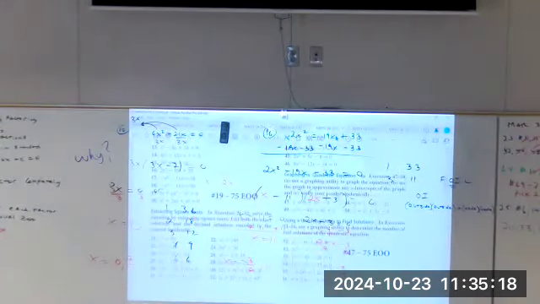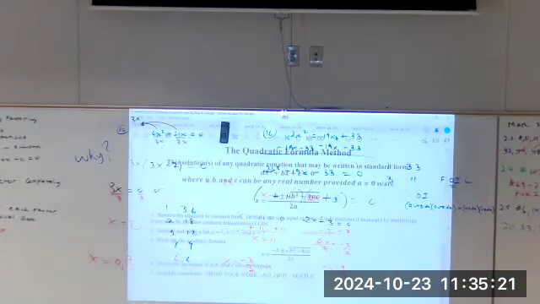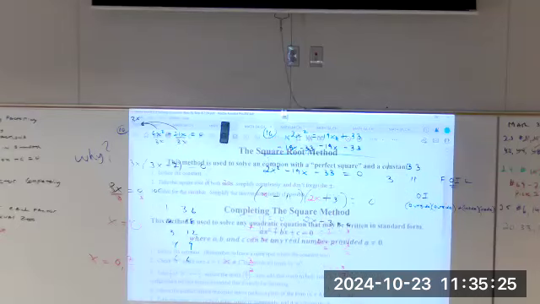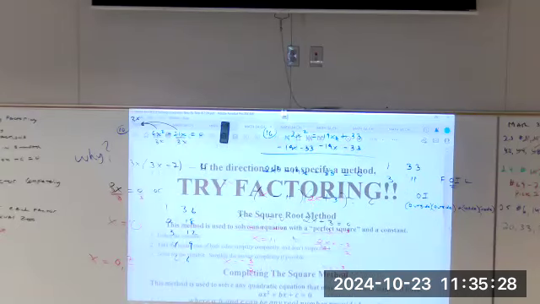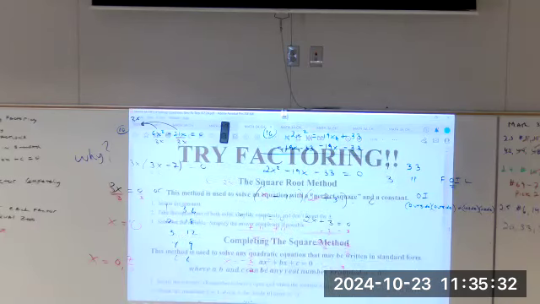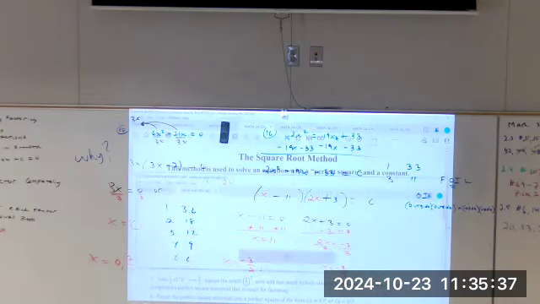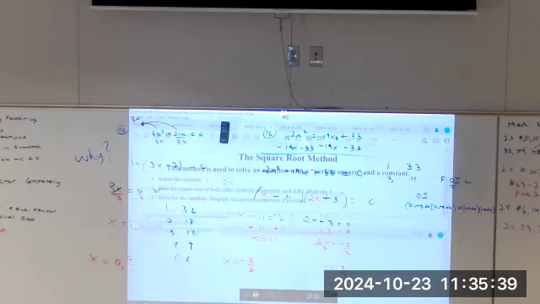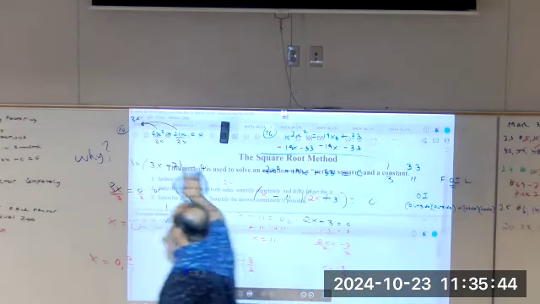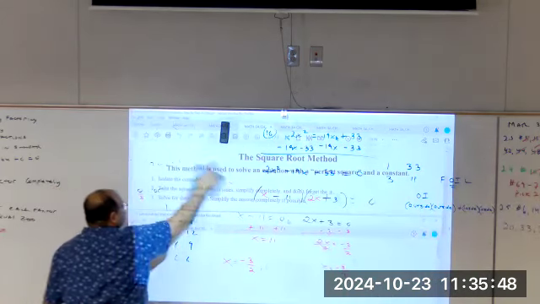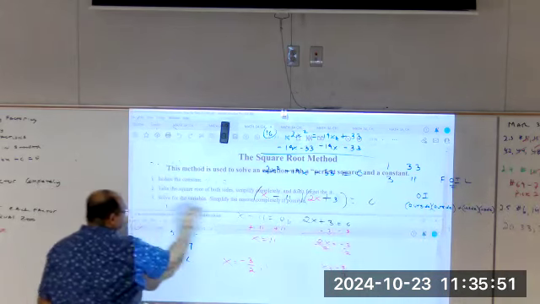Extracting square roots, I don't think, is a clear name. The square root method is, we want to just take the square root of a perfect square.